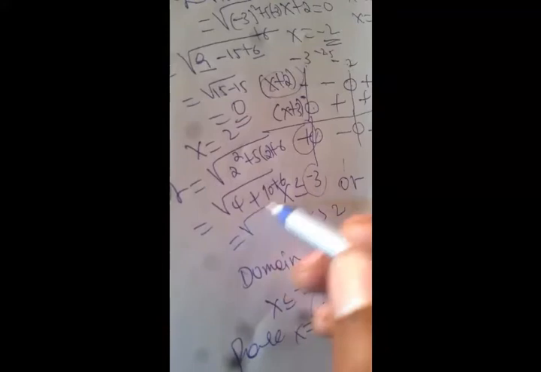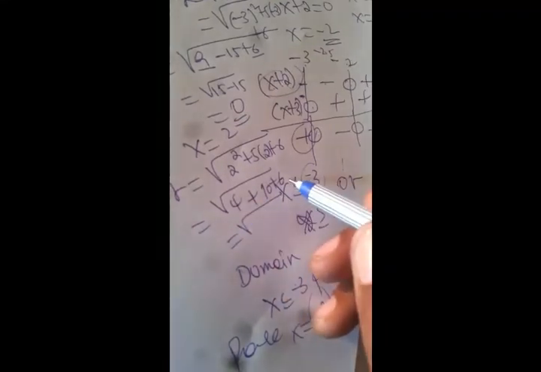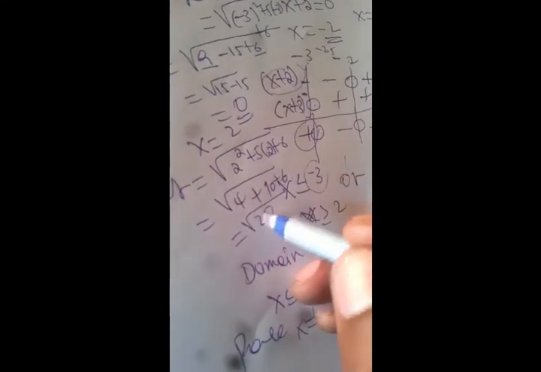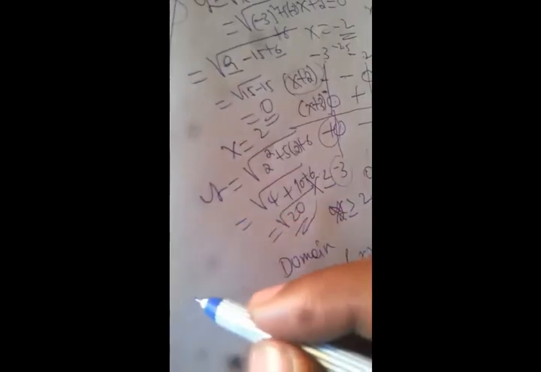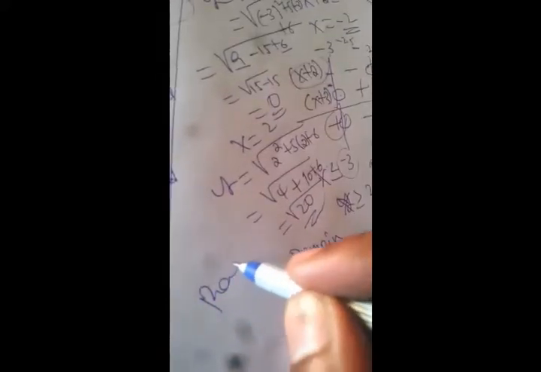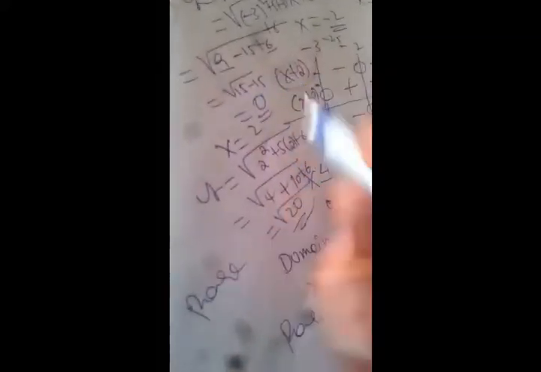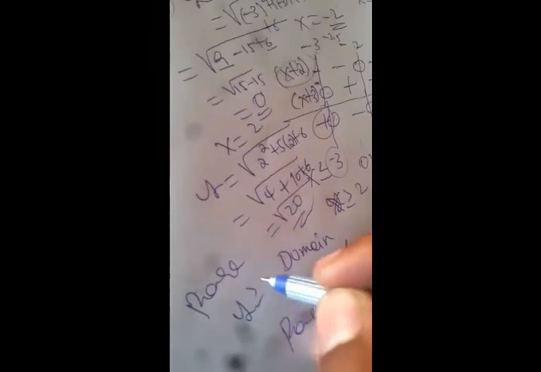Therefore the square root of 4 plus 10 plus 6 becomes the square root of 20. Therefore its range will be, the least value is 0, so y is greater than or equal to 0.